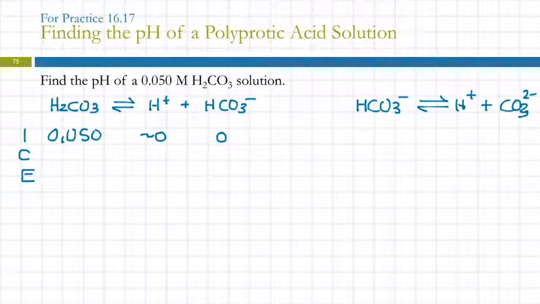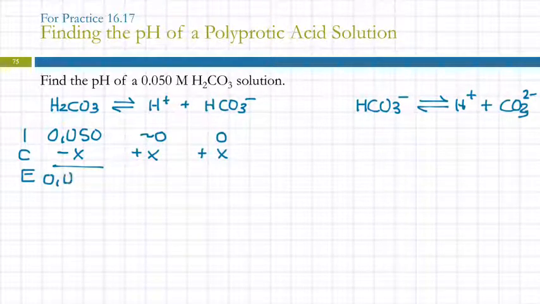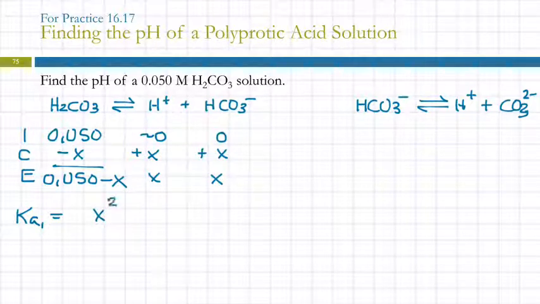And then the reaction is going to go forward, and so we're going to lose some amount X, and gain an amount X and gain an amount X. So at equilibrium, we've got 0.050 minus X, and we've got X and X. And so Ka, this is Ka1, is going to equal X squared over 0.050 minus X.